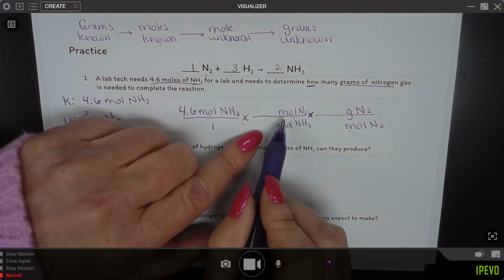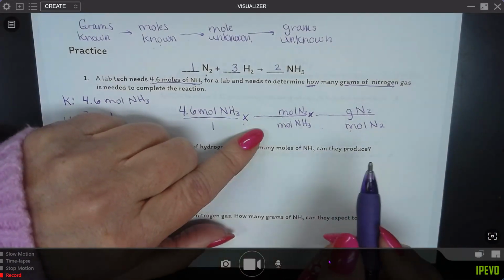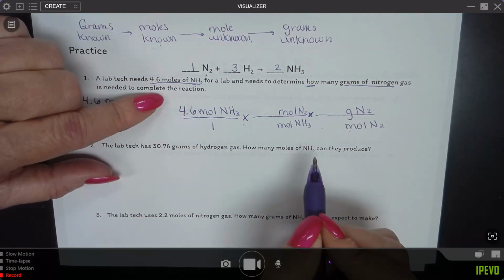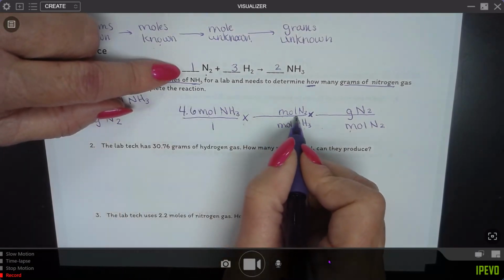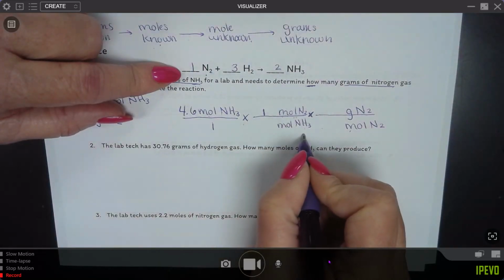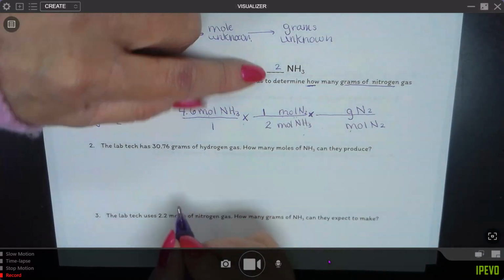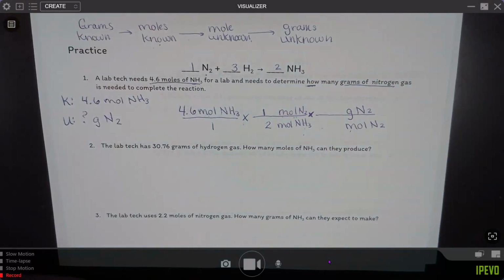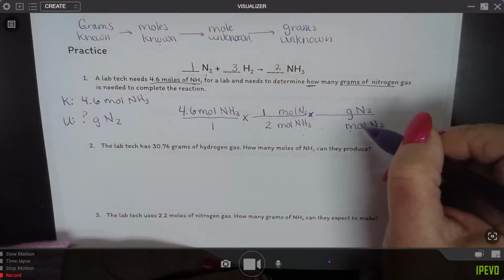Anytime you have moles over moles, this is the mole ratio, okay? It's the ratio of moles of nitrogen to moles of NH3. So I'm going to look at my balanced chemical equation. Moles of N2 is going to be 1, and moles of NH3, the coefficient is 2. Okay, so that's the only place you're going to use the coefficients from the balanced chemical reaction. Okay, now over here, I have the molar mass.